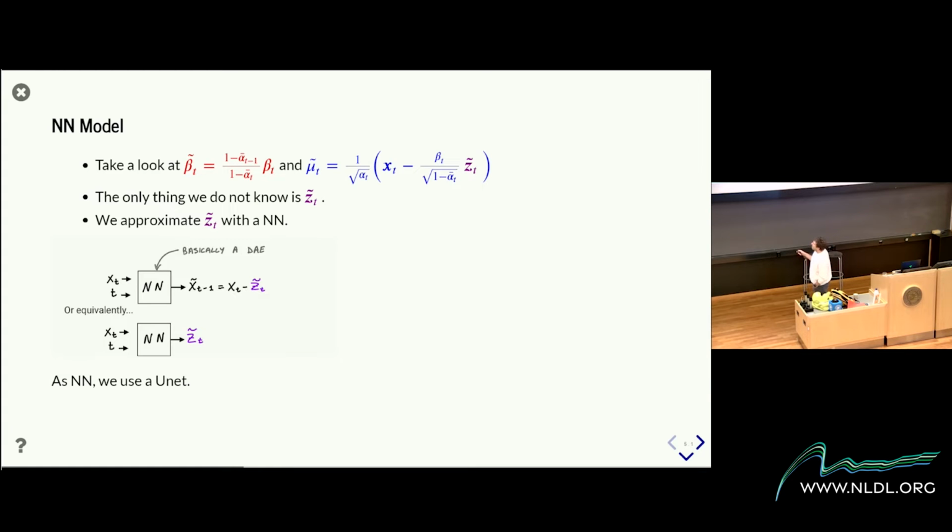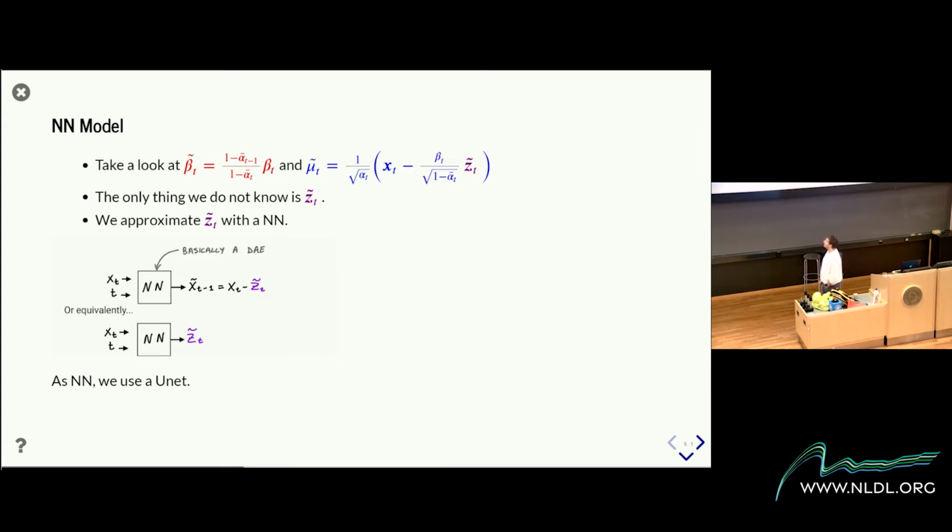So here, if you look, you see that we have all things that we already know. We have the alpha t bar, which are the cumulative products of the alpha. We defined them before, we know them. We have the beta of t, of course, we know them, right? We have the scheduler that defines them. So everything that is red here, we know. It's very easy, it's given.